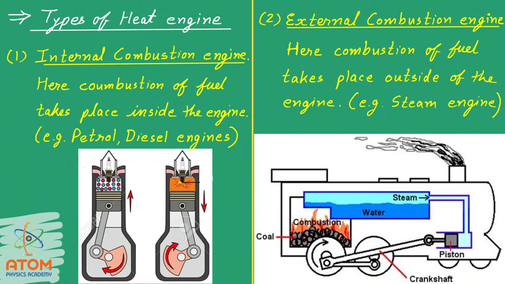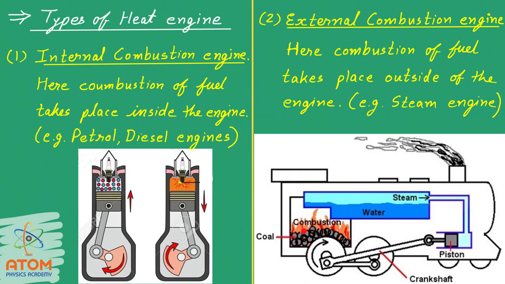The second type is the external combustion engine. Here the combustion of fuel takes place outside of the engine, like the steam engine. See, in such a type of engine, the combustion is taking place not inside but outside of the engine. For that, see this figure here. This is a figure of a steam engine.